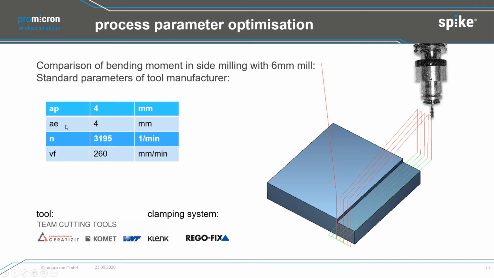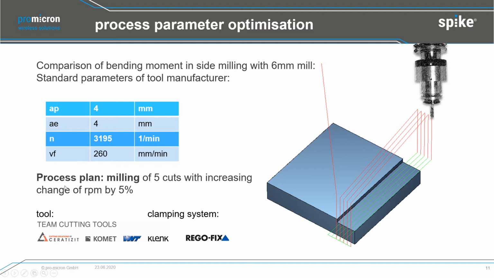We first used the process parameters from the tool manufacturer. The trial plan was a milling operation of 5 cuts with an increase in RPM of 5% each time.